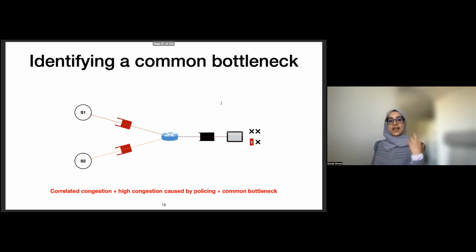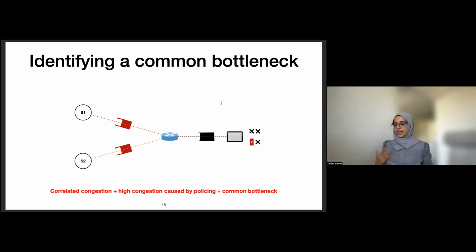So if we mix the idea that for a common policer, congestion is correlated, and a policer needs to cause high congestion, that is as if we're saying that the traffic coming from the two paths will experience a common bottleneck. And that's how we map a problem. We go from localizing a violation to identifying a common bottleneck.